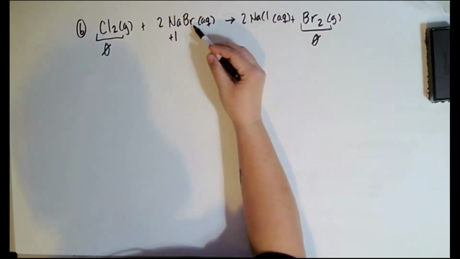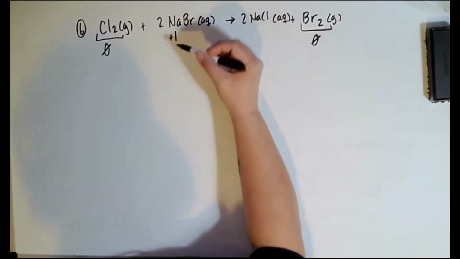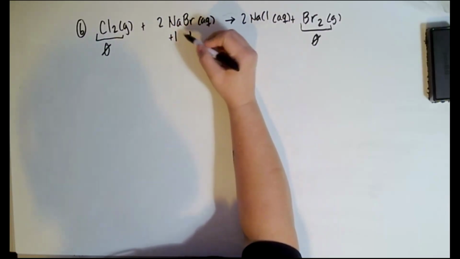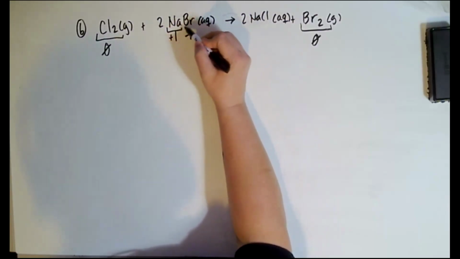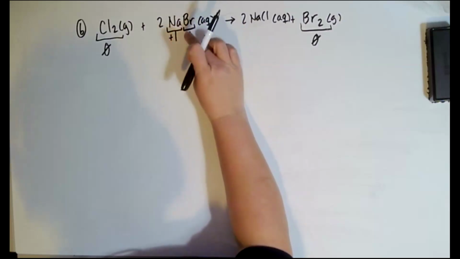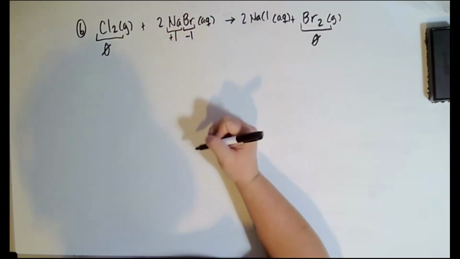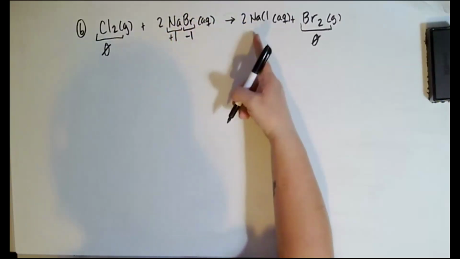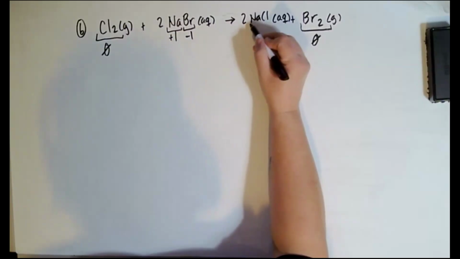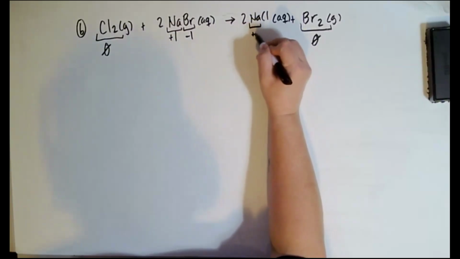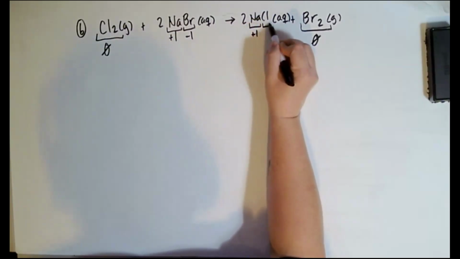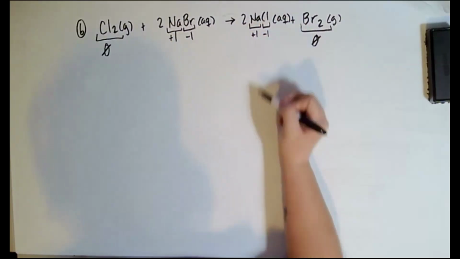And our bromine has to have a -1 to balance out sodium's +1. Each individual element has its own oxidation number, which looks a lot like a charge, so you could think about them like that if it's helpful. Over here with our NaCl, you see that our sodium has a +1 again, and this time it's our chlorine that has a -1.